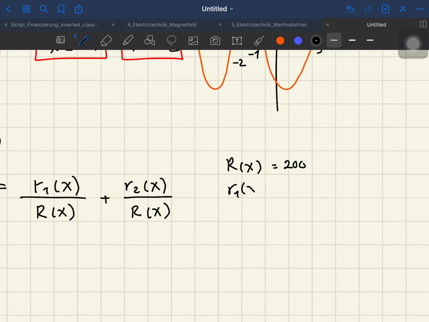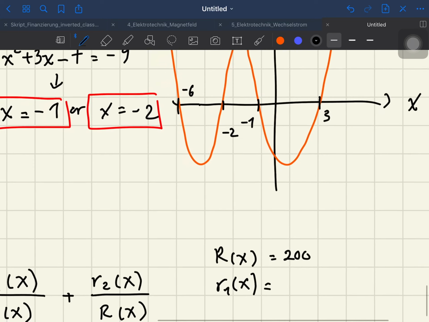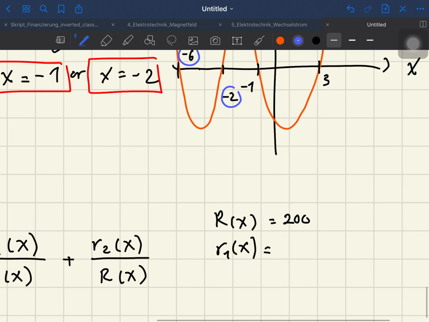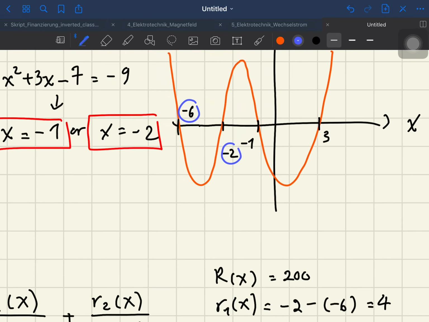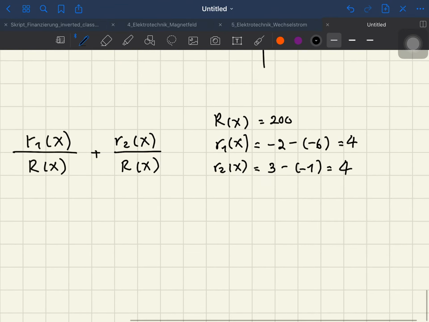What is the first range of x? Well, the first range of x is just like this. You just have to look at the x-intercepts here and here. So you will get -2 minus -6, you will get 4. And the second range, you will do the same thing for, in this case, -1 and 3, so 3 minus -1 equals 4.